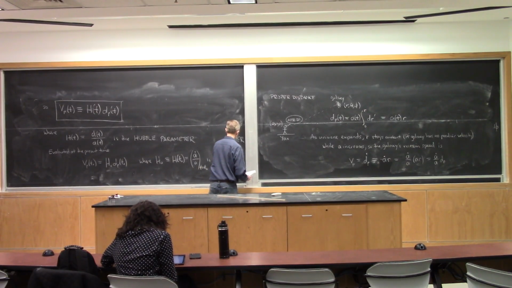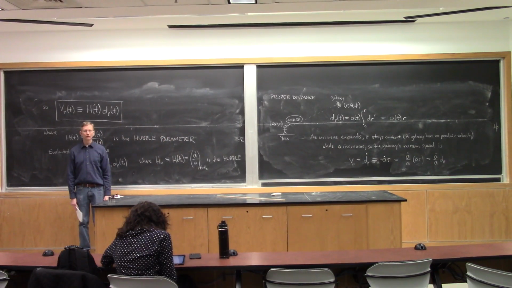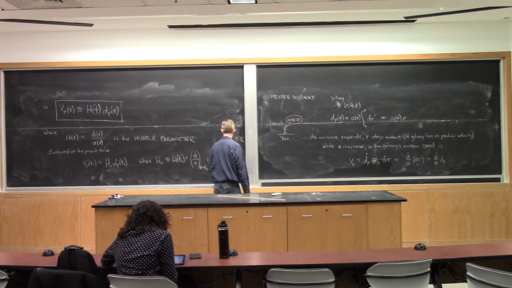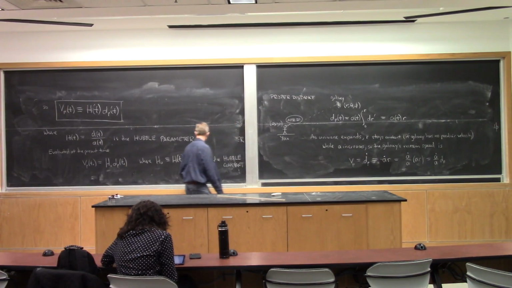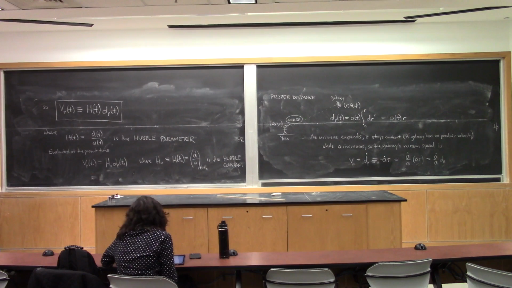This time, instead of Hubble parameter, I say it's the Hubble constant, because the Hubble constant is the Hubble parameter's value today. That's what we mean by that.